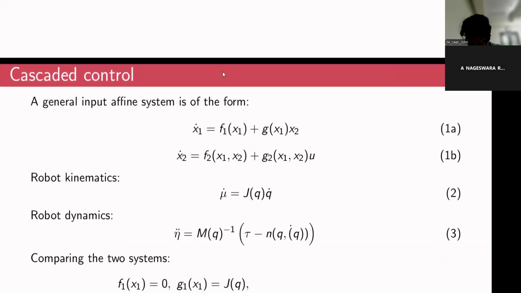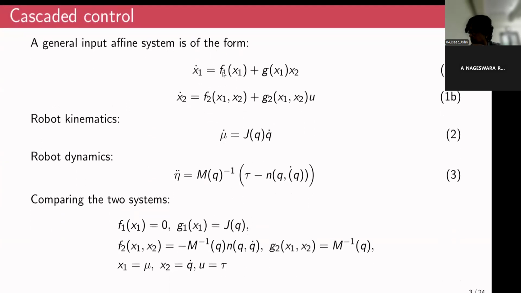All right, so let's see what cascaded control is about. You can implement cascaded control for a system of this form. We call this an input-affine form.